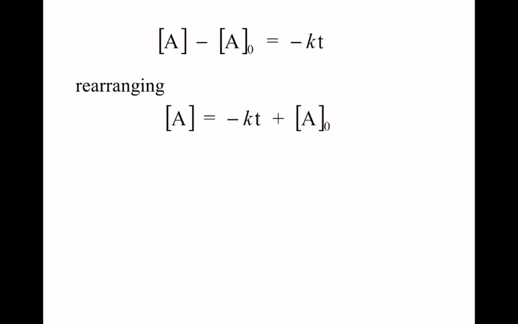So what can we plot? Along the y-axis we can plot the molar concentration of A, and along the x-axis for all of these tests we're going to plot time. So time is going to be the x, and the molar concentration of A, for the zero-order test, is going to be along the y-axis.